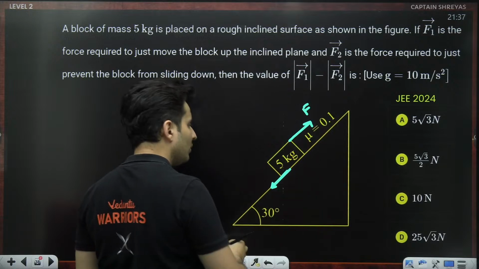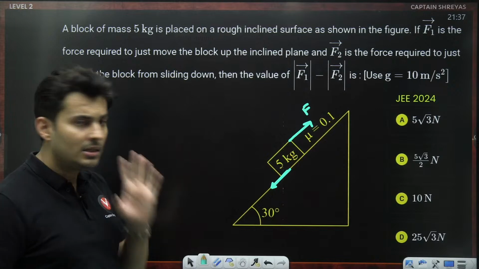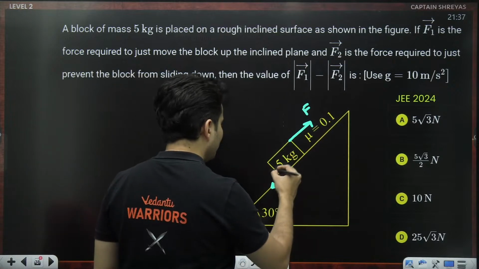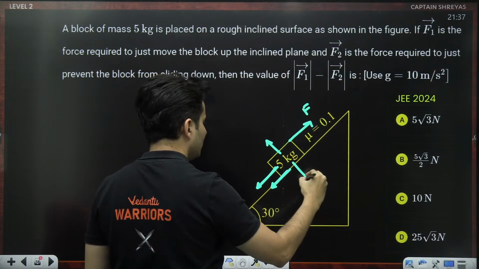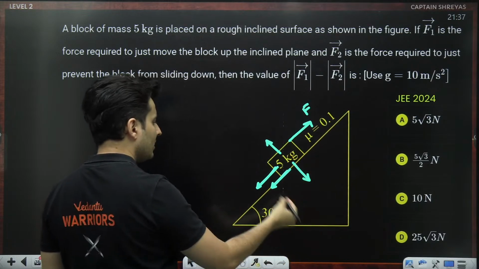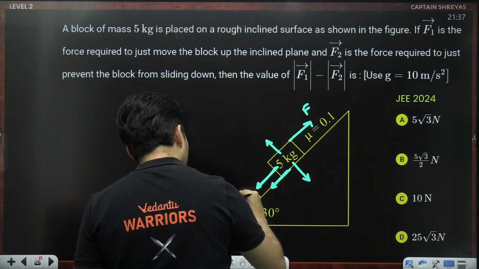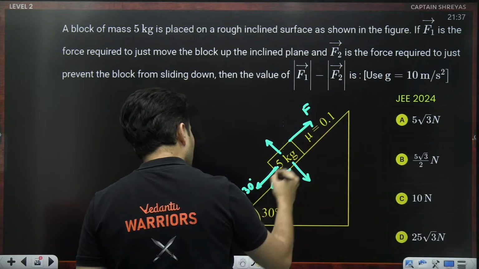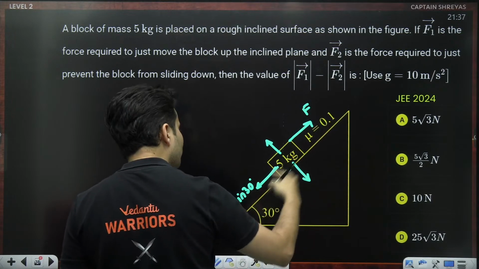The frictional force is acting down the incline. Apart from that, you also have your mg sine theta. The normal force and mg cos theta are already there. So the component of weight will be 5g sine 30, and the friction component will be mu mg cos theta.